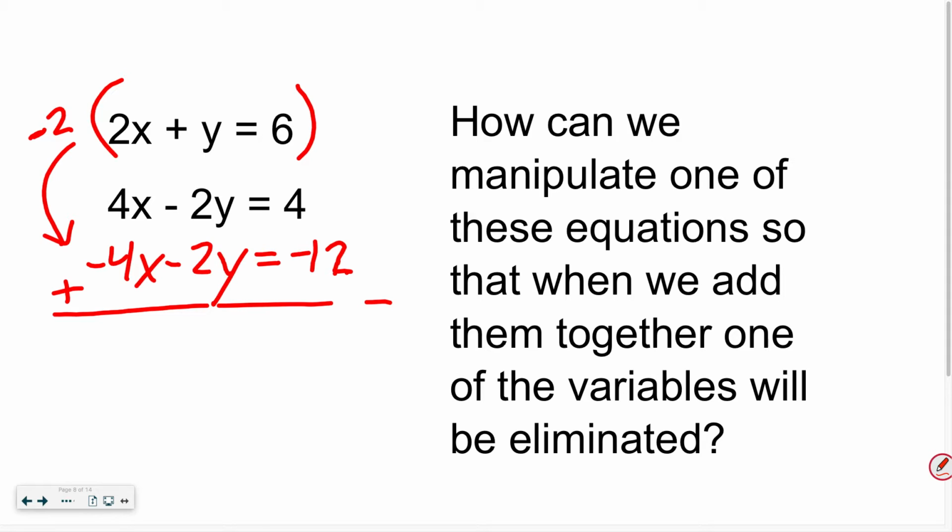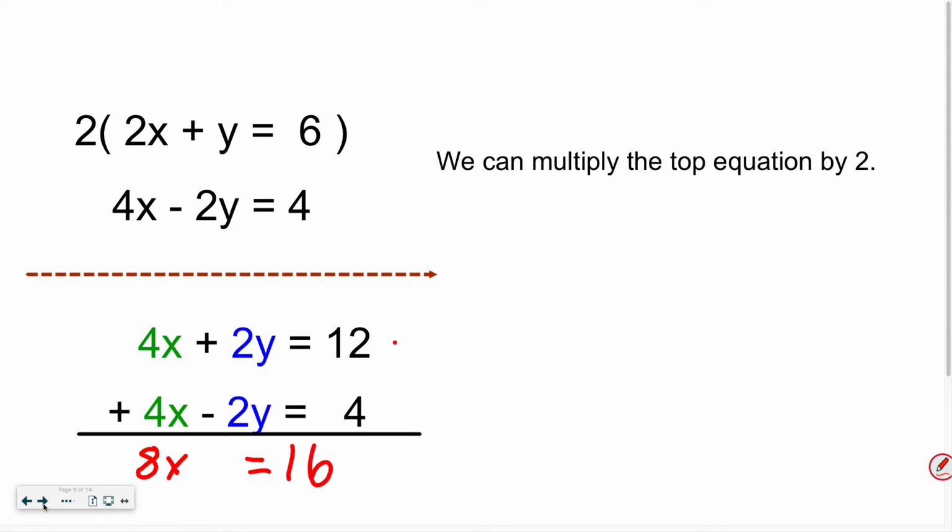Negative 4y equals 4 minus 12, negative. So what does y equal? 2. So you can use either way as long as you just need to eliminate one of the variables. And then we can use that variable.